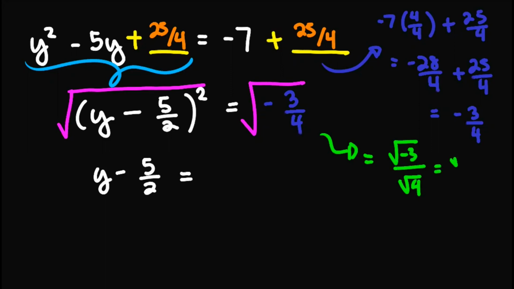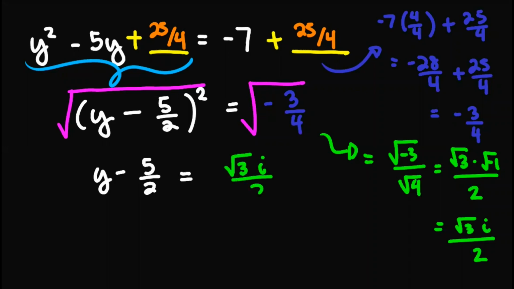This is equal to square root of 3 times square root of negative 1 over square root of 4, which is 2. And this one is equal to square root of 3 i over 2. So we have i here since i represents the imaginary number, which is square root of negative 1. And so we have here square root of 3 i over 2. And don't forget the plus minus sign.